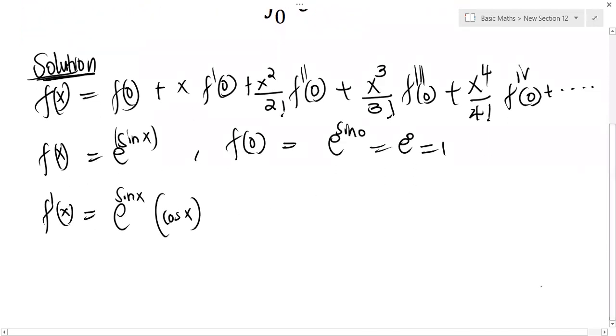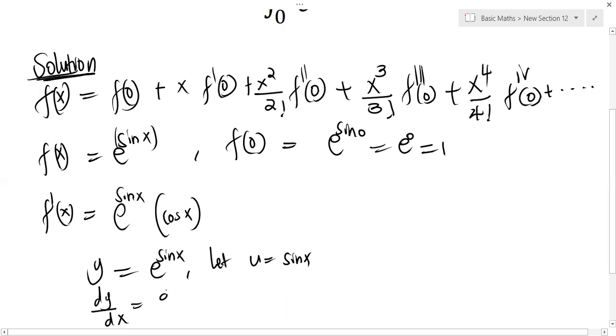However, we could just use the long form. Let's call this y. y is equal to exponential sine x, and then let this be u, so let u be equal to sine x. Then dy/dx will be given by dy/du times du/dx.